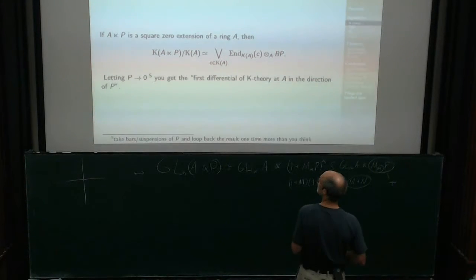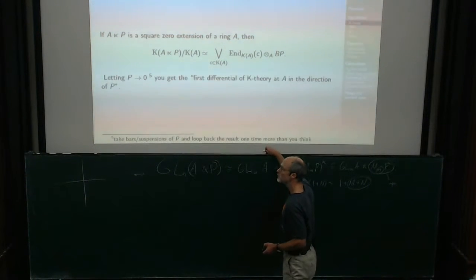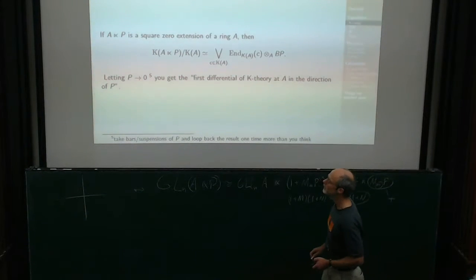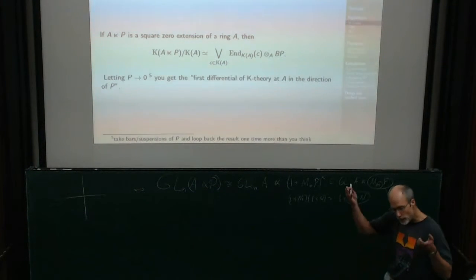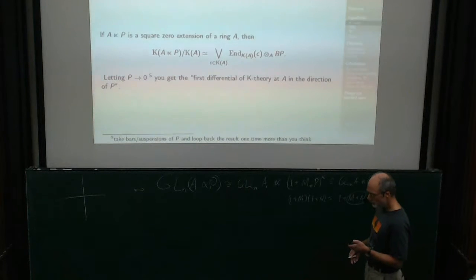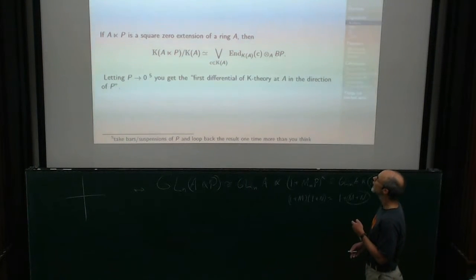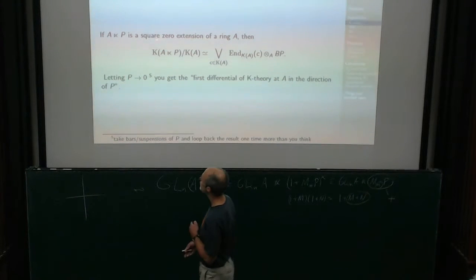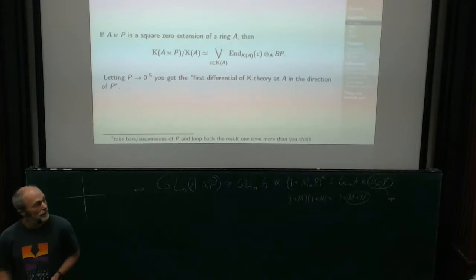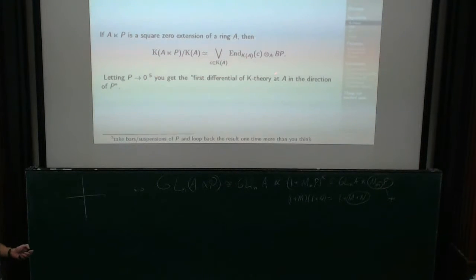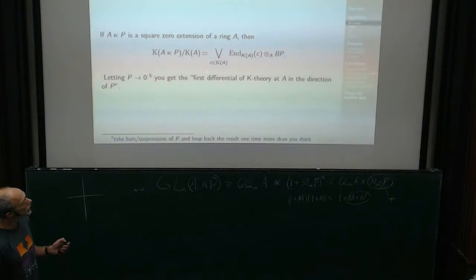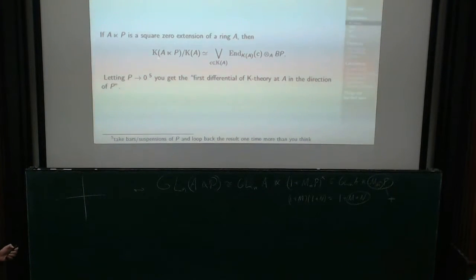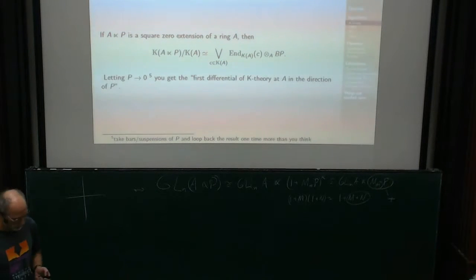So P was very small, but if you let it really go to 0, that is to say you let the connectivity grow, you take as many bars for P as you please, and then you loop down one more time than you think, then you get the differential of K-theory at A in the direction of P, so to say. I flashed this for you now because I want you to recognize it a wee bit later.